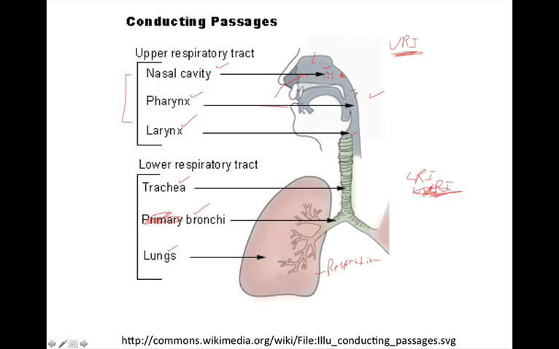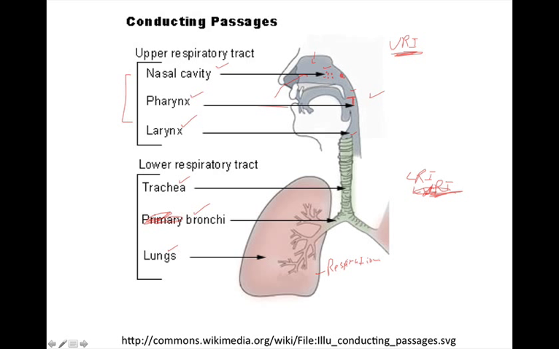We really don't do any processing of air, filtering, warming, or humidifying in the pharynx, because with the exception of the nasopharynx, you're not going to find that ciliated mucous membrane. You're just going to find stratified squamous epithelial tissue, kind of your typical mucosal lining. So that's something to think about there.